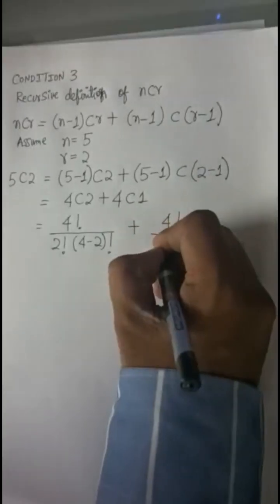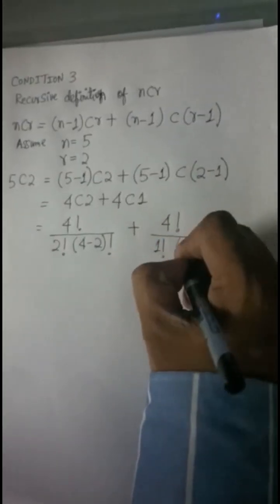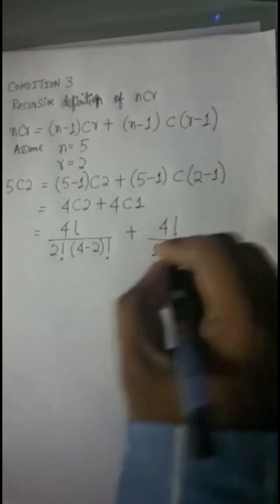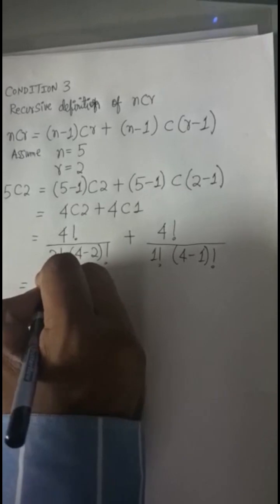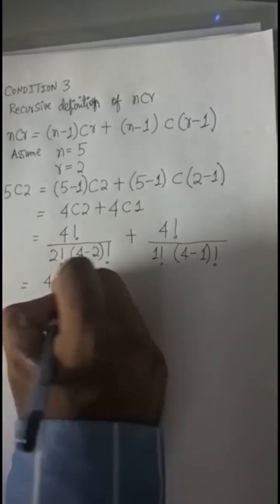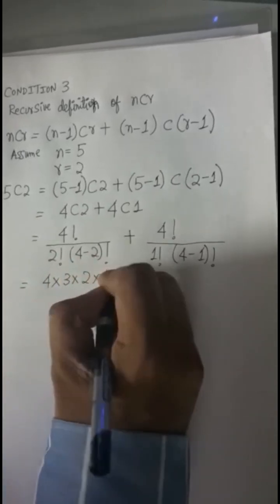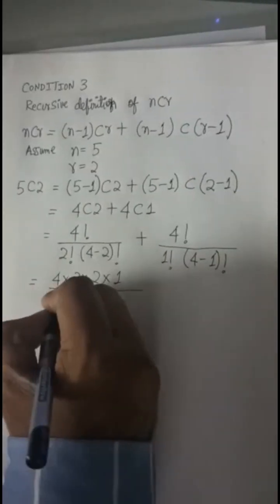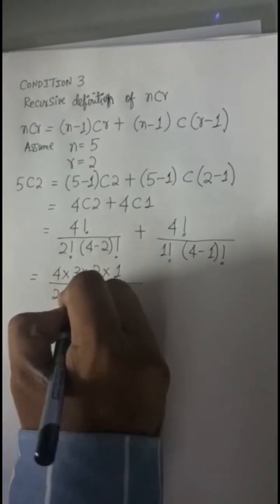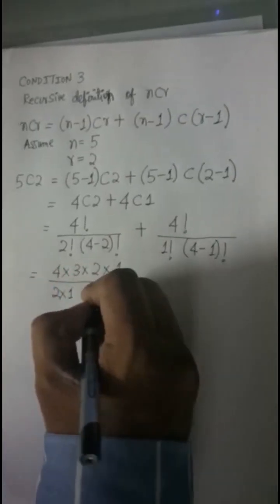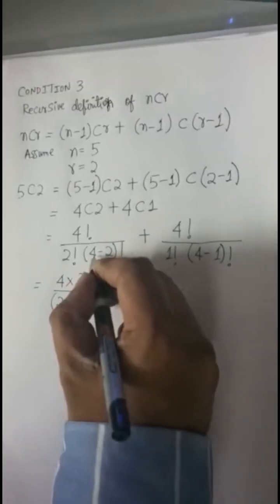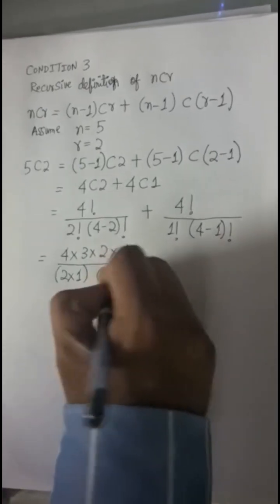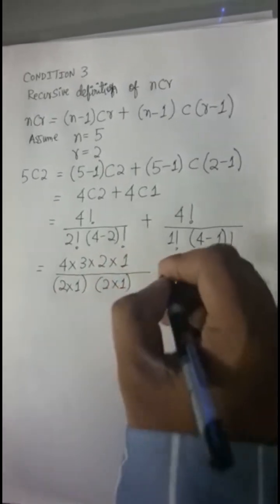by r, which is 1 factorial into 4 minus 1 factorial. So 4 factorial, how are we going to write? 4 into 3 into 2 into 1 divided by 2 factorial, which is nothing but 2 into 1, and 4 minus 2 is again 2 factorial. 2 factorial is again 2 into 1.